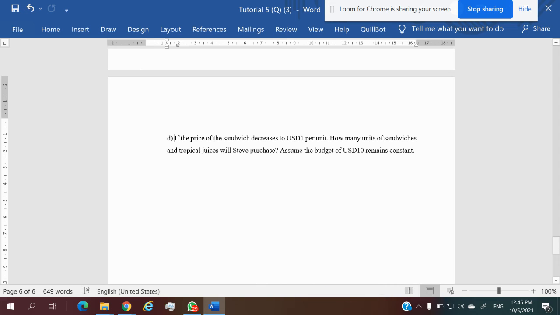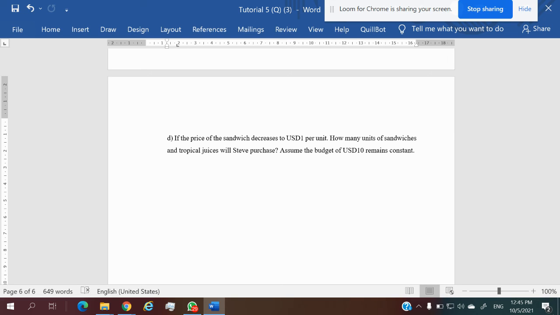Okay, so what should we do now? Of course, we need to find the new combination of goods using the optimality formula just now.